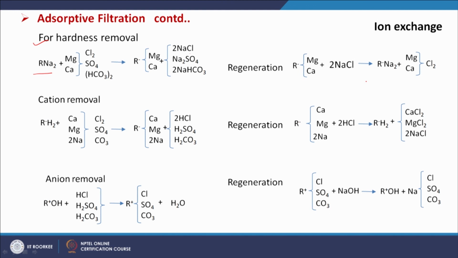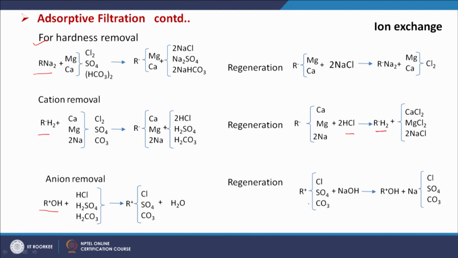But in the case of cation removal, the resin is converted to RH2 form, and then all cations, not only calcium and magnesium but any other cations, are taken up, and the acid form of the anions is formed. During regeneration we use HCl, so that the RH2 form can be regenerated. And when we want to remove anions, the resin is in R plus OH form, and different anions are removed, forming R plus with those anions.